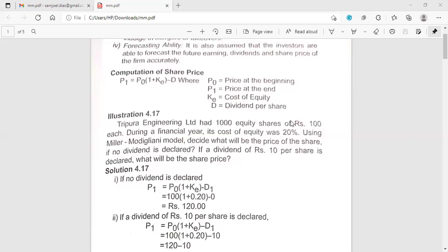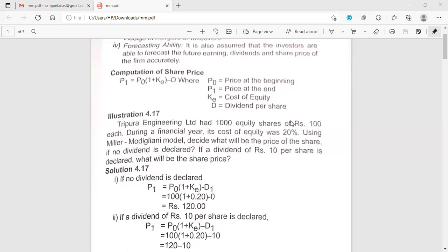So this theory assumes that there is a constant investment policy. And the fourth assumption is forecasting ability. Every investor is able to forecast future earnings, with respect to dividends or share prices of a firm. So these are all the assumptions of the Miller and Modigliani irrelevance approach.